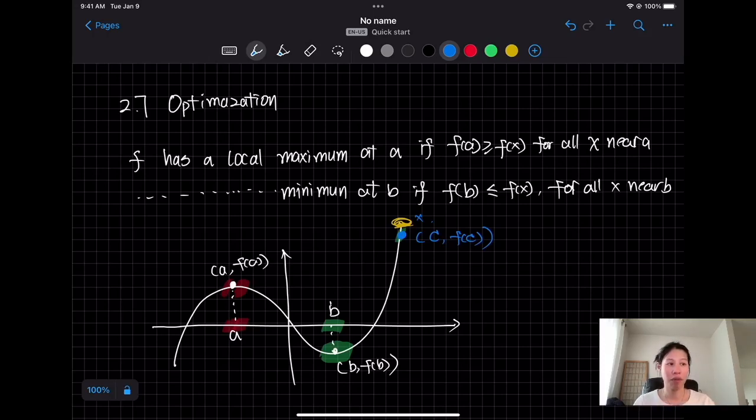So the process of finding the maximum or minimum is called optimization.